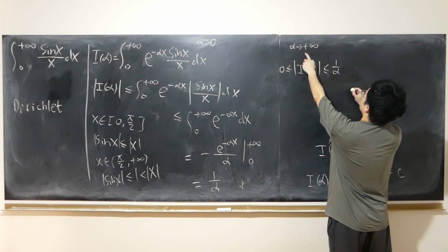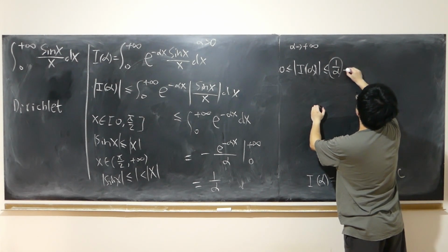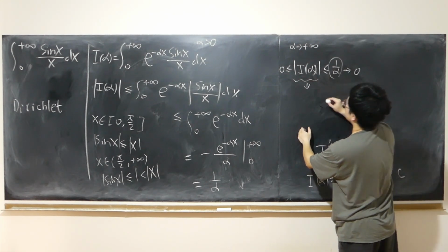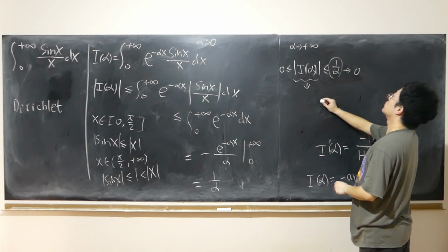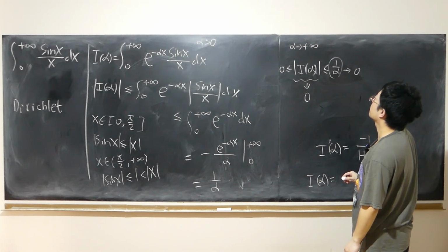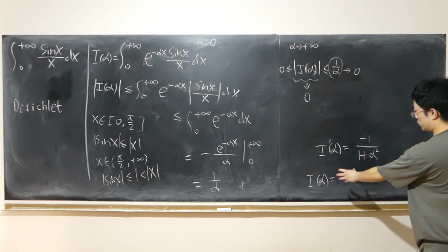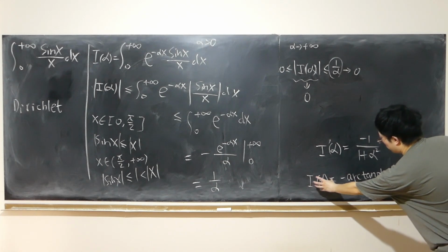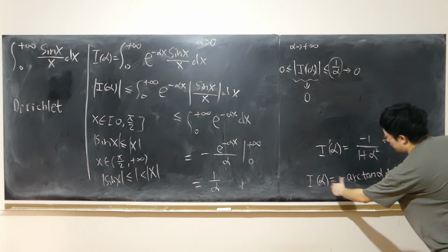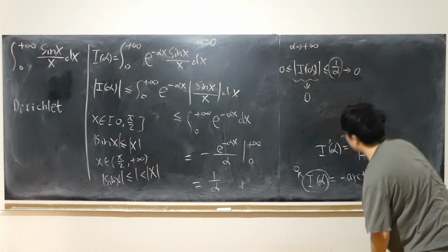And as alpha approaches positive infinity, this will approach 0. By the squeeze theorem, this as well approaches 0. So as alpha approaches positive infinity, the left-hand side approaches 0.